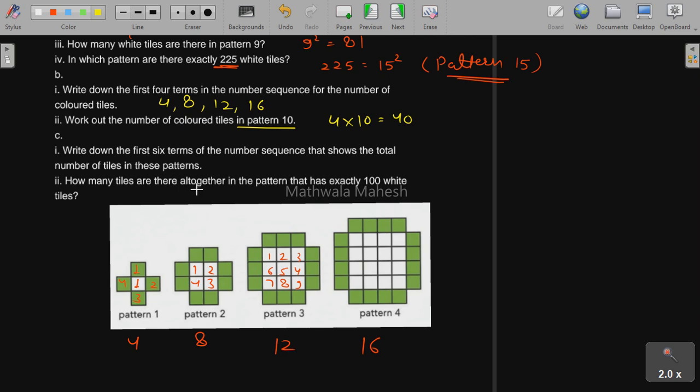C option. Write down the first 6 terms of the number sequence that shows the total number of tiles. So total number of tiles means 4 are colored and 1 is white, and in the second 4 are colored and 4 are white, and 9 are white, and 16 are white.